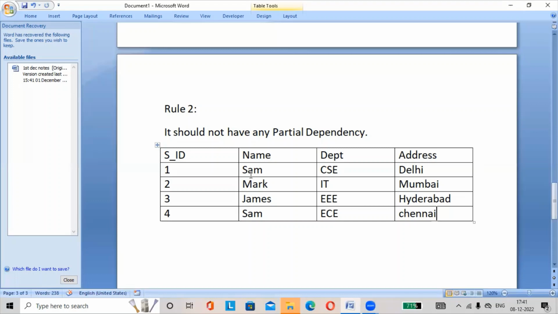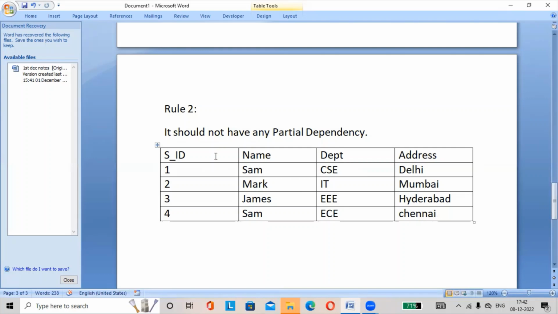Why are we using a primary key? Here student ID is the primary key. All the other columns depend on it. Yes or no? This name column, department column, address column, all the other columns depend on student ID.